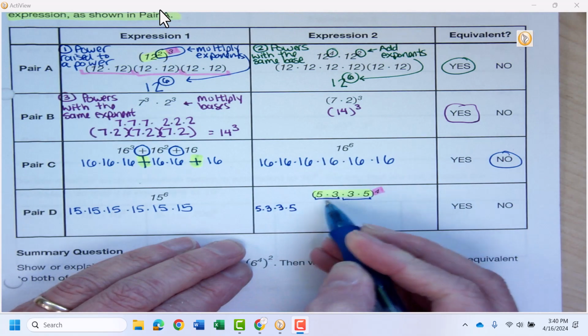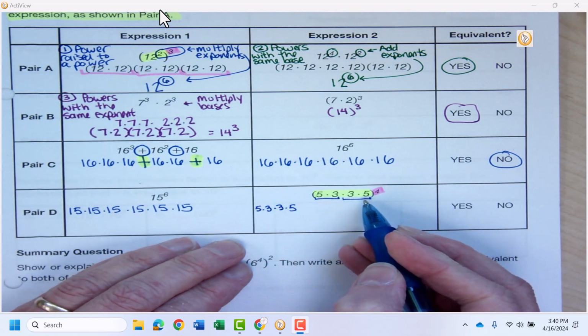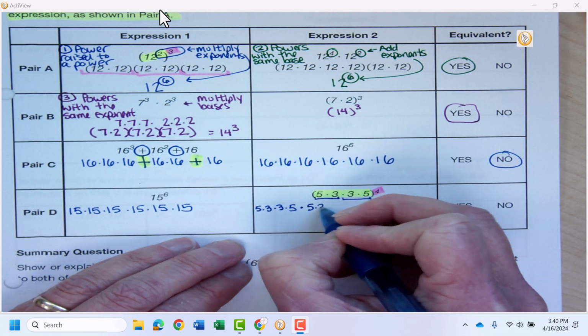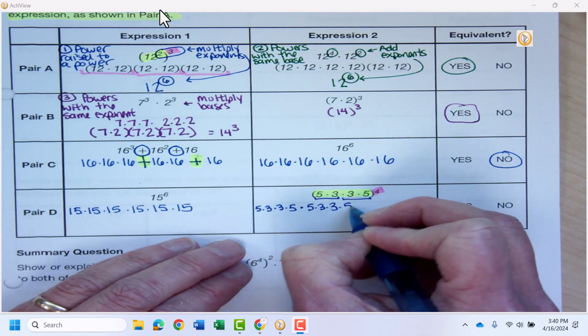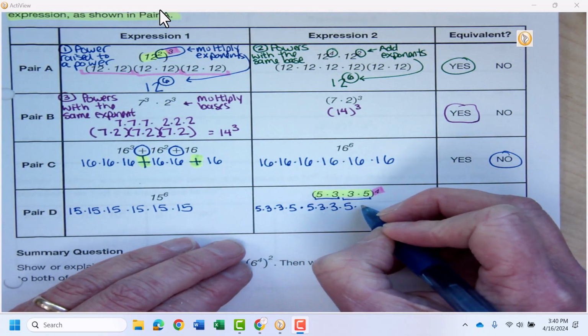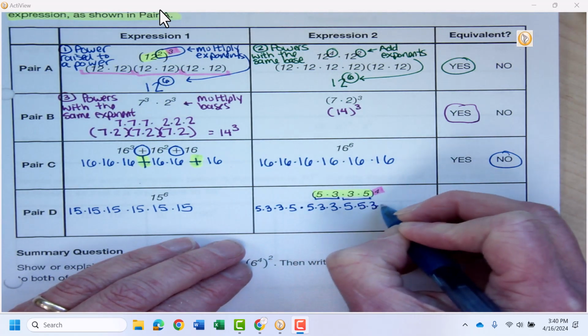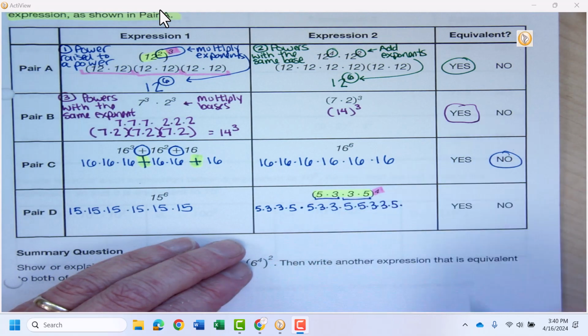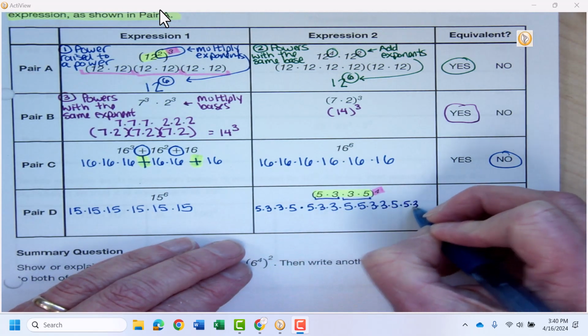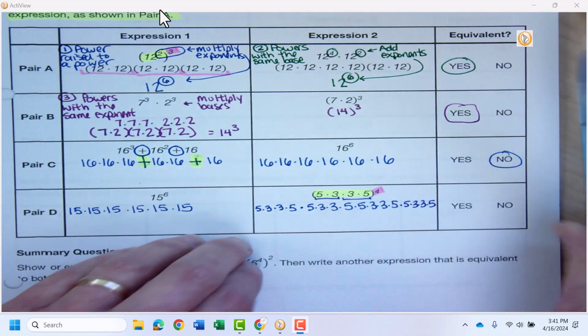Right, that's once. Times 5 times 3 times 3 times 5. That's the second time. I'm going to keep going 2 more times. 5 times 3 times 3 times 5. And then the last time. 5 times 3 times 3 times 5.